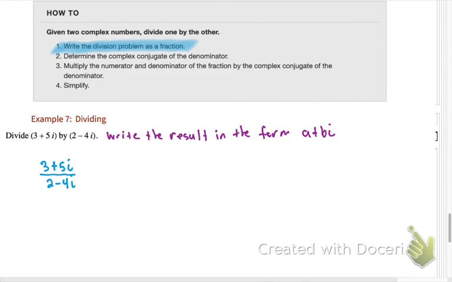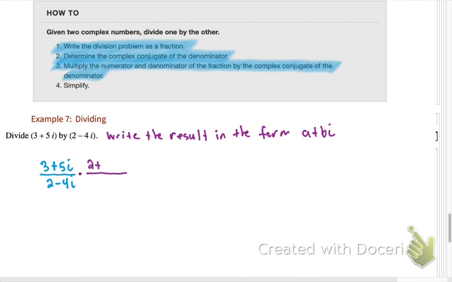So what we're going to want to do, step 2, is to determine the complex conjugate of the denominator, and then after that, we're going to multiply both the numerator and denominator of the fraction by the complex conjugate of the denominator. So what's that going to look like is now we're going to multiply by a fraction here.